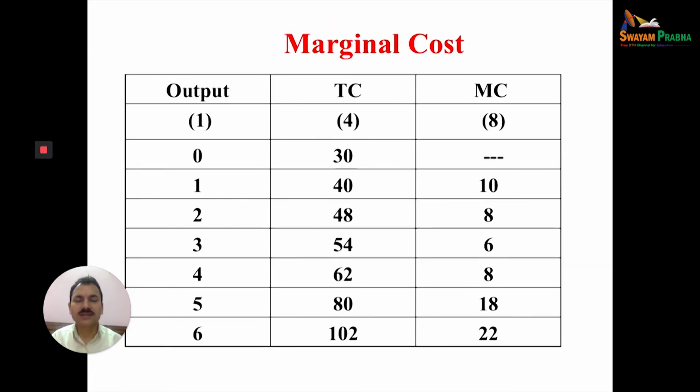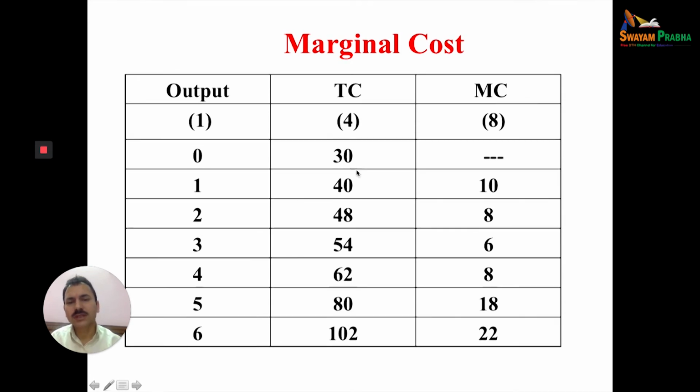Now let us discuss with the help of this table. The first column is output: 0, 1, 2, 3, 4, 5, 6, and the third column is total cost: 30, 40, 48, 54, 62, 80, and so on.